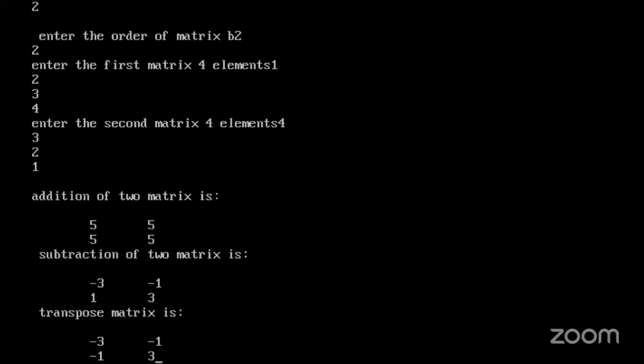Control F9. 2 plus 2, 2 plus 2, 1, 2, 3, 4, 4, 3, 2, 1. So like this. If you look at this, it looks very same. 3 minus 1, 3 minus 1 came here. Minus 1 should come here. So somewhere some mistake has happened.